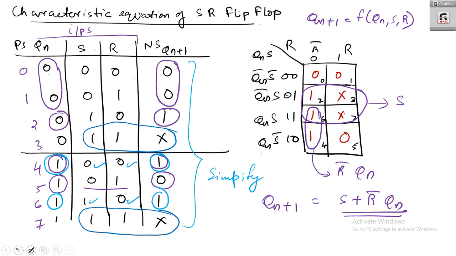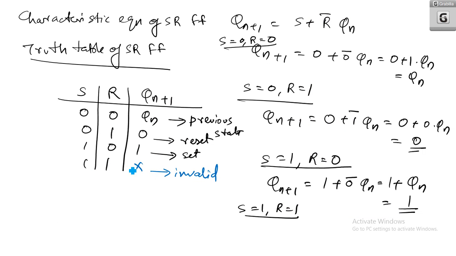Initially I have taken the characteristic equation of SR flip-flop, and again if S and R is equal to 1, if you look into the characteristic equation, what happens? If S is equal to 1 and R is equal to 1, Qn plus 1 is equal to 1 or 1 bar Qn, which is 1 or 0 dot Qn, so that is 1.